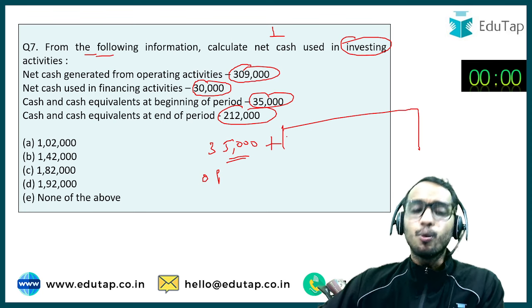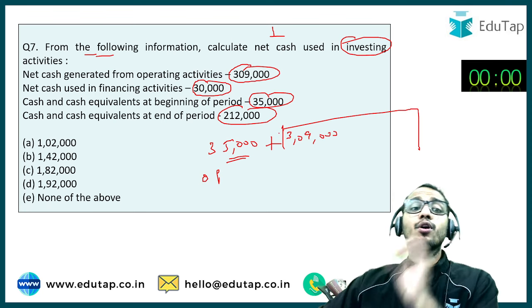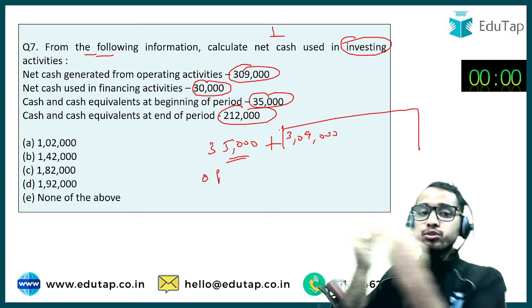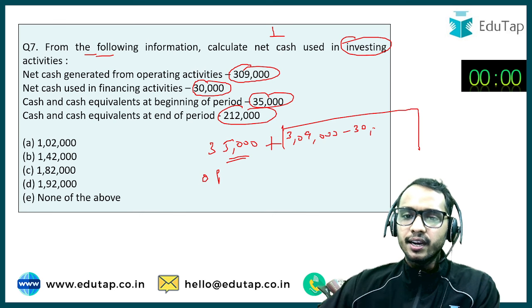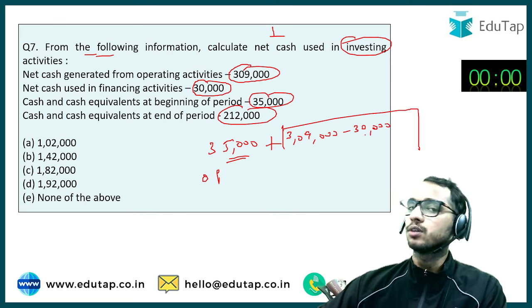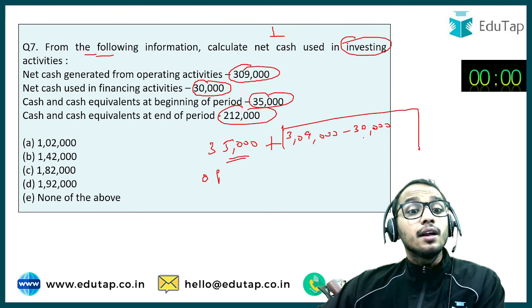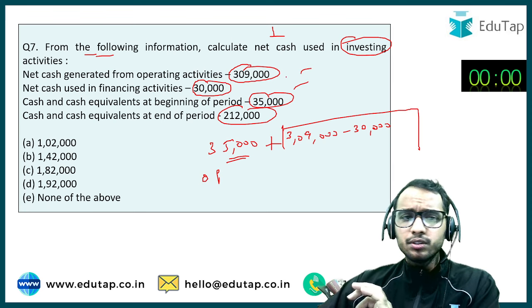So from operating activities, we have generated 3,09,000. From financing activities, we haven't generated anything, but we have used our cash in the financing activities. So you are going to take it as a negative amount, minus 30,000. Now only these two activities are given to us, and we have to find out the investing activities.